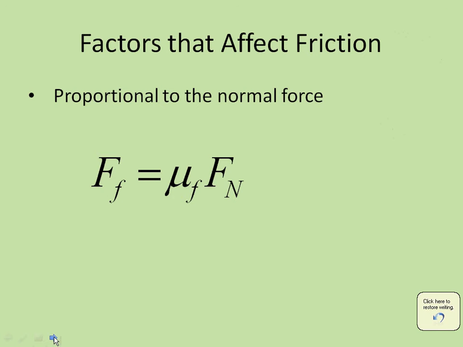Okay? And we'll be looking at that in more detail soon. Our equation is the frictional force is equal to this new letter, which is the coefficient of friction, times the normal force. So, definition of terms. We'll be doing that in just a minute, so we'll just look at this as the basic equation.